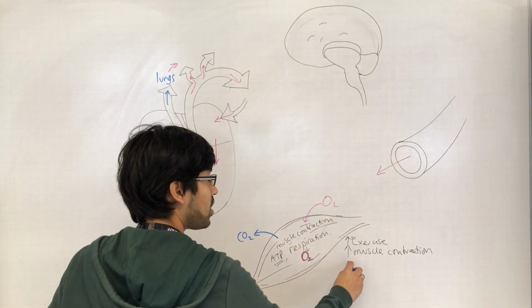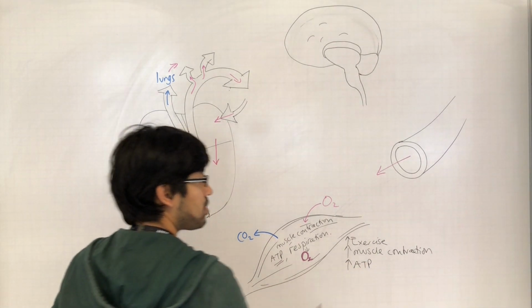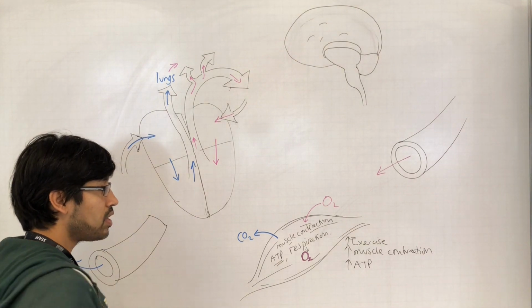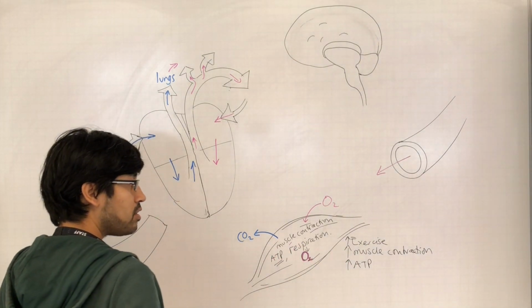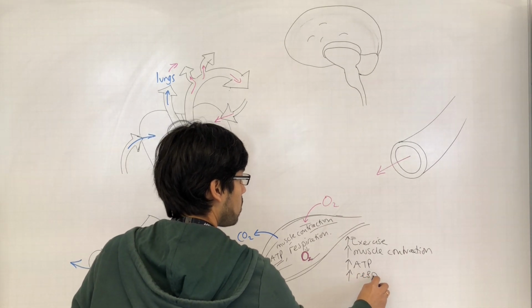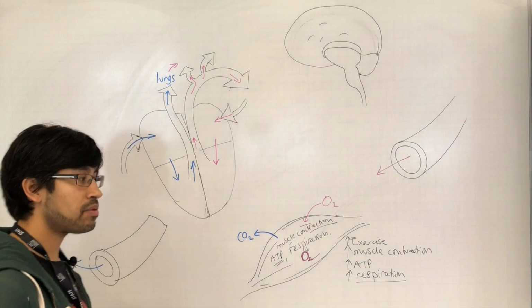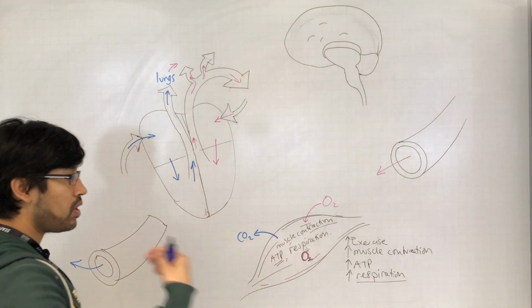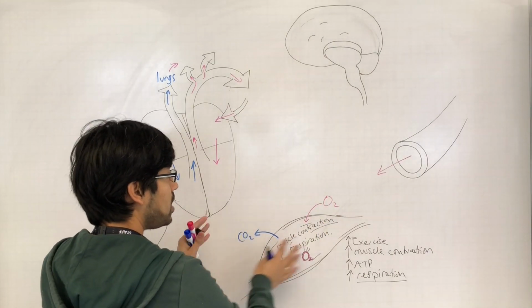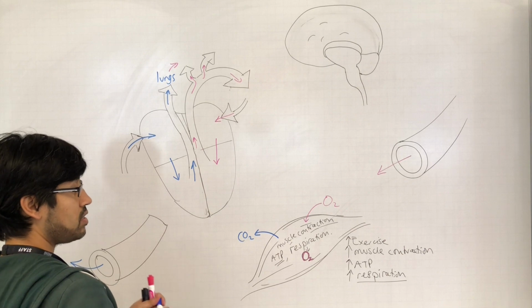Now, if more muscle contraction is occurring, then in order to allow that to happen, we need more ATP being generated. If we want more ATP to be generated, we need more respiration. Now, if more respiration is occurring, what's happening is that more CO2 is being generated.